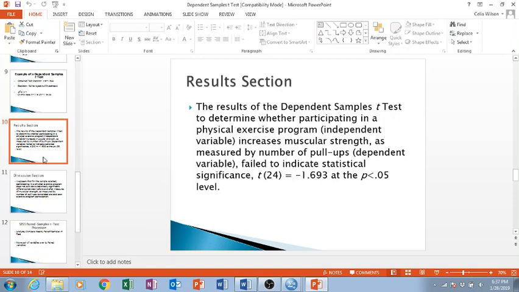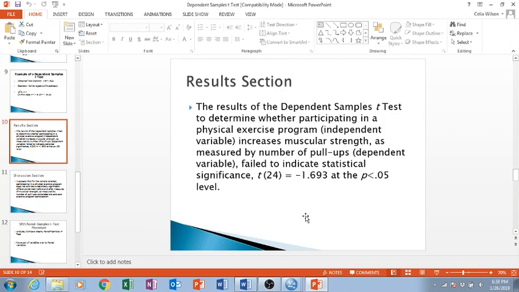If we were to type up the results for this, we would say the results of the dependent samples t-test to determine whether participating in a physical exercise program increases muscular strength as measured by number of pull-ups, failed to indicate statistical significance. All right, and so here's that same information we pulled before.